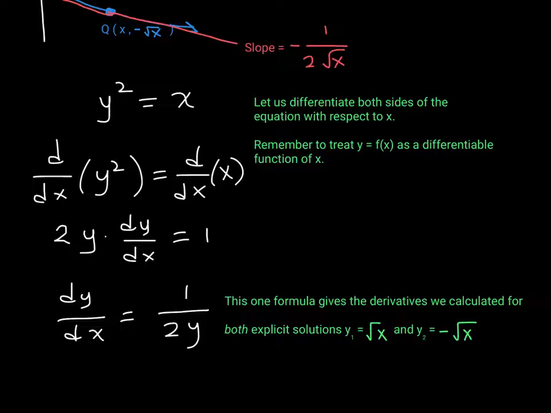Now this is awesome because now we only have one derivative, right? This one derivative can be used to find the slope of the line tangent to any point along our curve. Whereas before we had two different derivatives and we had to solve for y. We found this one derivative and we never had to solve for y in the beginning.